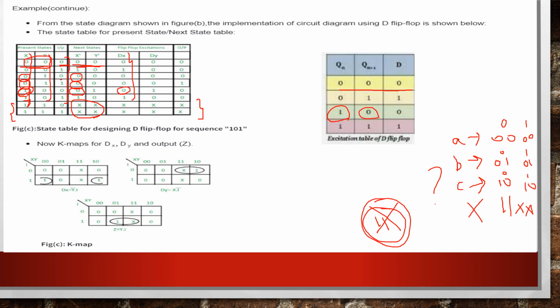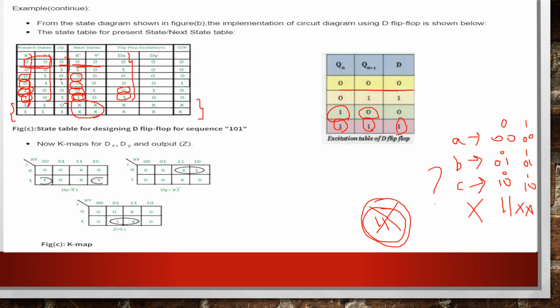Now the next combination: x in the present state is 1 and in the next state is 1. See the excitation table of the D flip-flop: for the present state 1 and the next state 1, the D is 1. For this combination, we get dx equal to 1.